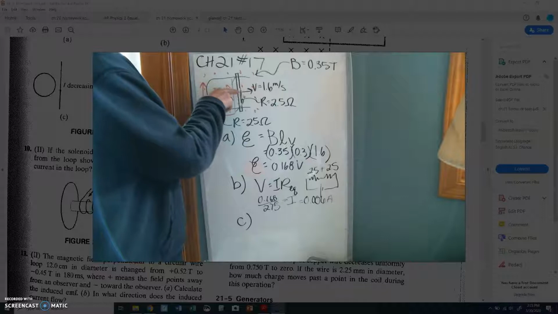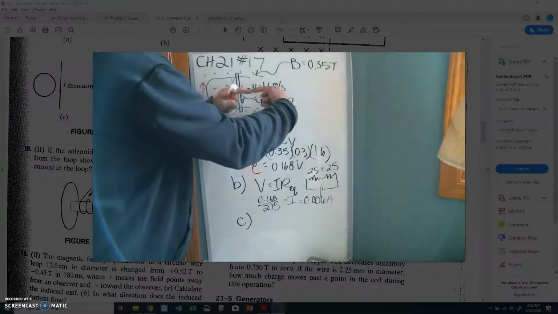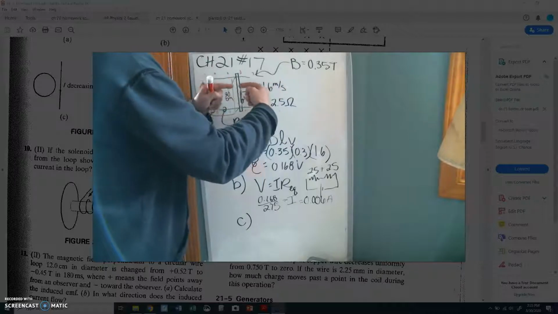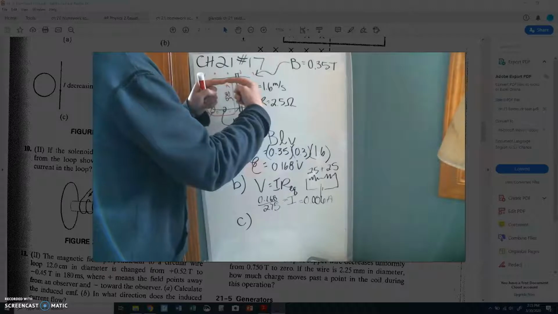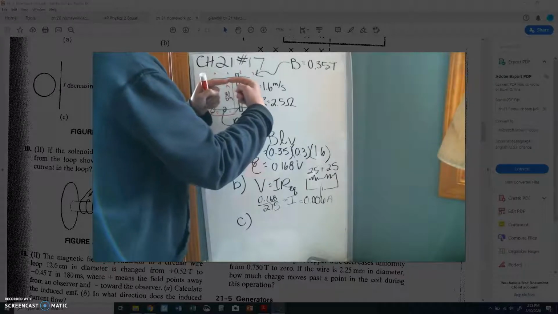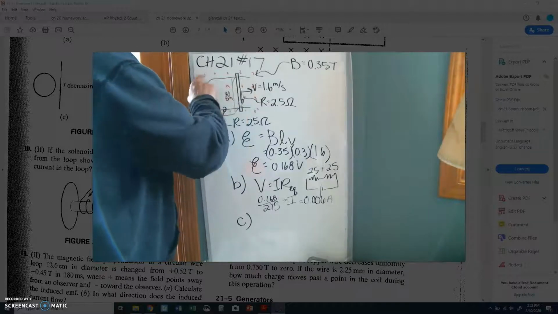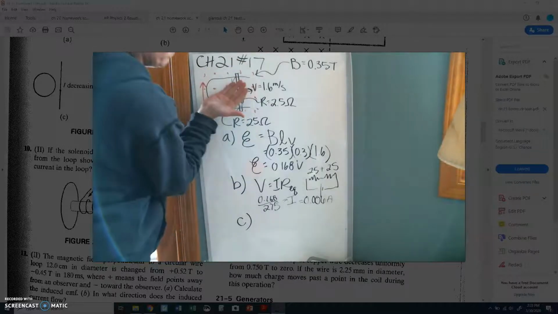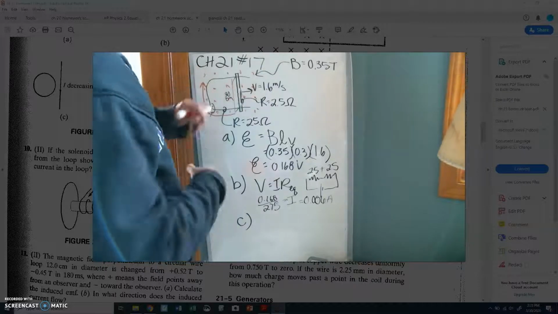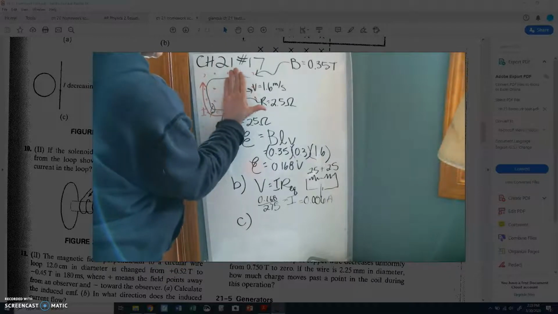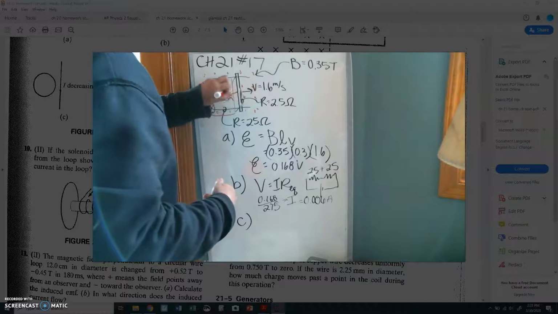That's going to help us as far as what the force is. If I apply a constant force to an object, it's going to keep accelerating. So I have to have opposing forces, so that we can balance those out. As far as direction, my current is going down, my field is out, so this force is acting this way.